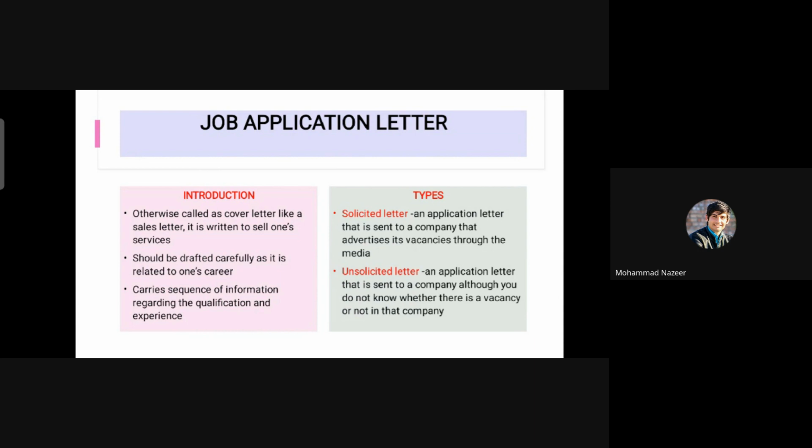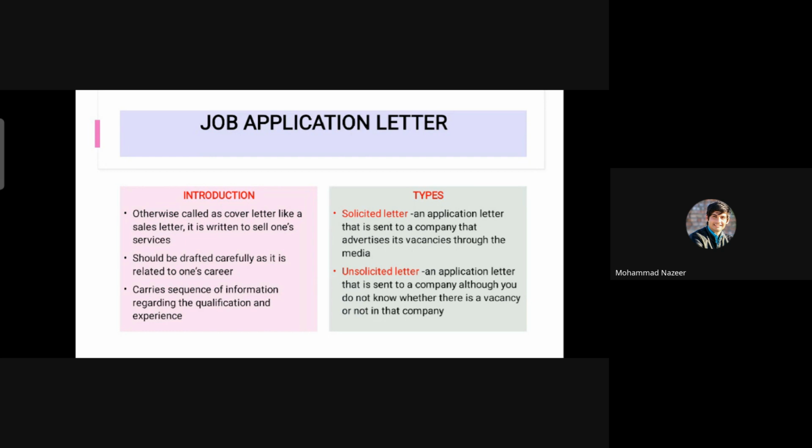Just now I gave you an example of a sales company asking for excellent sales people with a proven track record selling a full range of consumer durable products. That post is advertised, and now you have to apply for it. A letter written in response is a solicited application letter.